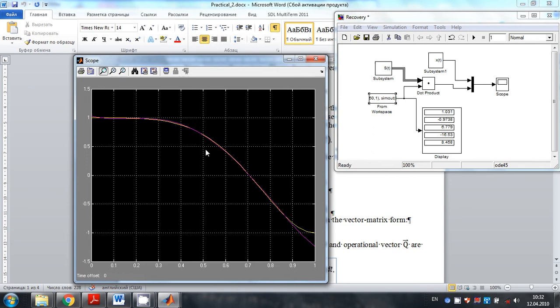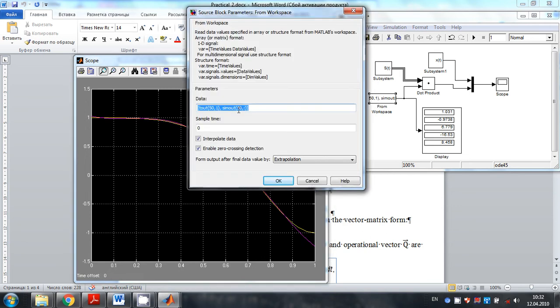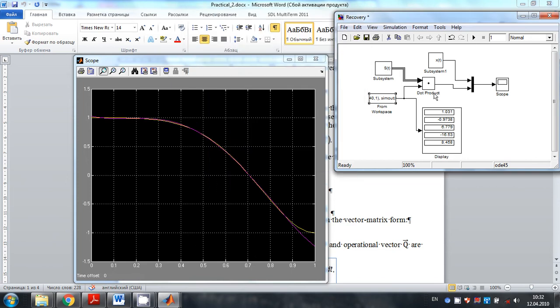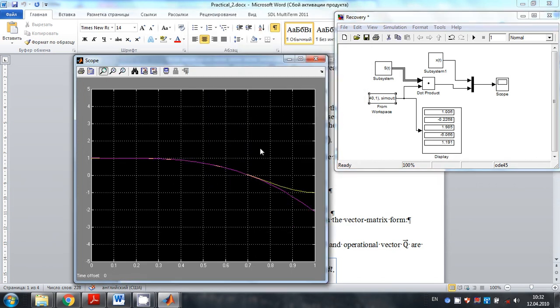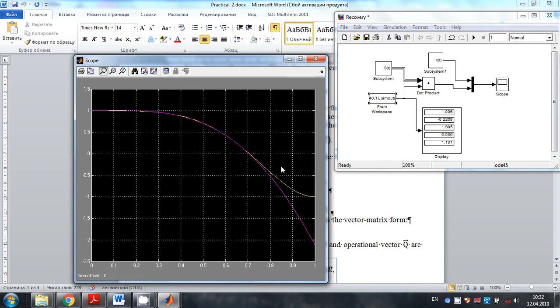If we move even further into the history, let's pick the 40th element, and run the simulation again. We auto-scale. We see that the error increases starting from that particular moment. Somewhere around the 40th element, the error starts growing. As we move even further into the history, we pick the 20th element and run the simulation again.